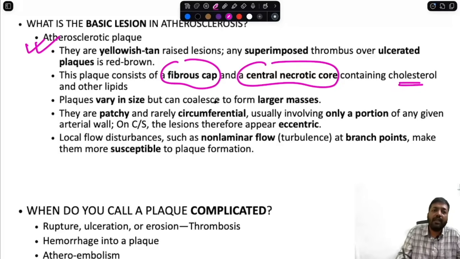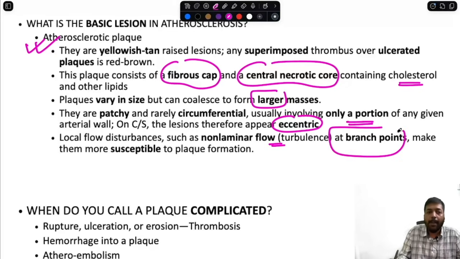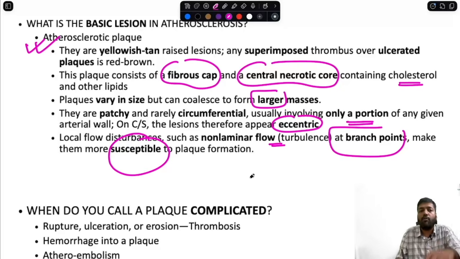Plaques vary in size but can coalesce to form larger masses. They are patchy and rarely circumferential, usually involving only a portion of any given arterial wall. On cut section, the lesion therefore appears eccentric. Local flow disturbances such as non-laminar flow, that is turbulence at branch points, make them more susceptible to plaque formation.